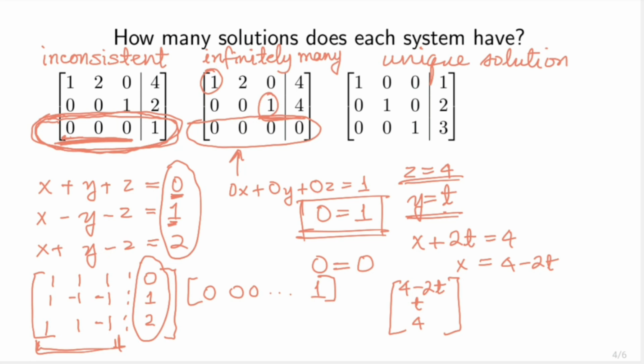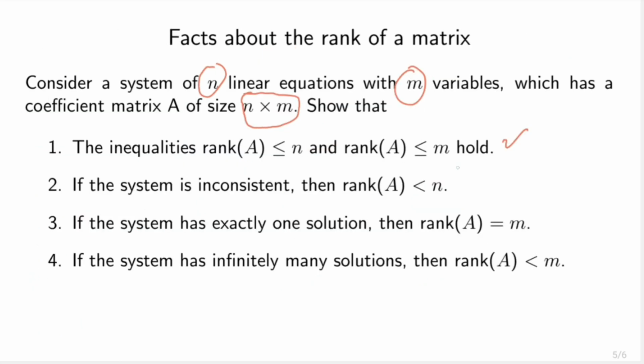And the rank is the number of leading ones. So if you have a row that cannot have a leading one, then you're going to be rank deficient when it comes to the number of rows. So your rank is going to be less than the number of rows. That's what this is telling us: if the system is inconsistent, then the rank is going to be less than the number of rows, or the number of equations that you have.